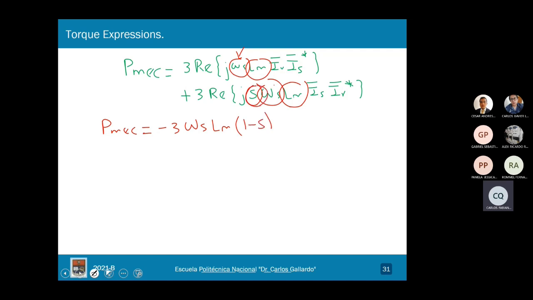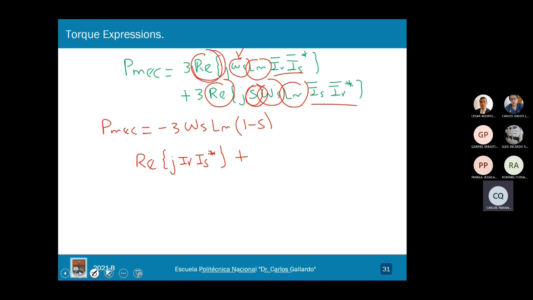Then I will have the real part of this term and the real part of this term. This is an identity. So I will have the real part of j, the rotor current, times the conjugate of the current, plus this is my first term.